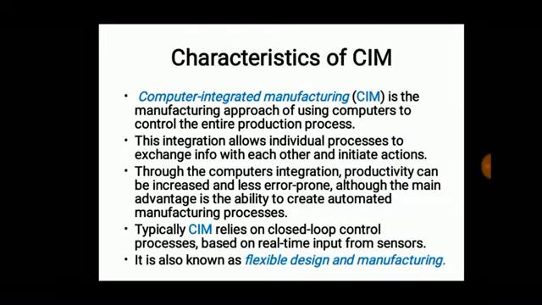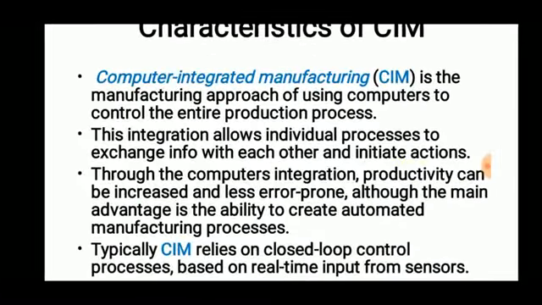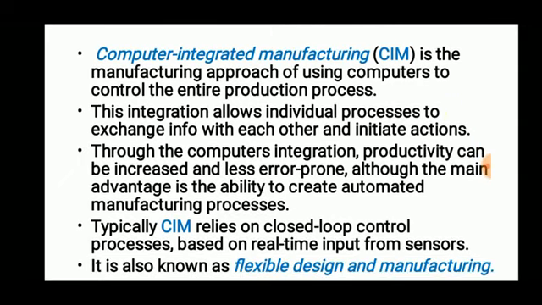Characteristics of SIM. Computer integrated manufacturing is the manufacturing approach of using computers to control the entire production process in the manufacturing plant. This integration allows individual processes to exchange information with each other and initiate actions.